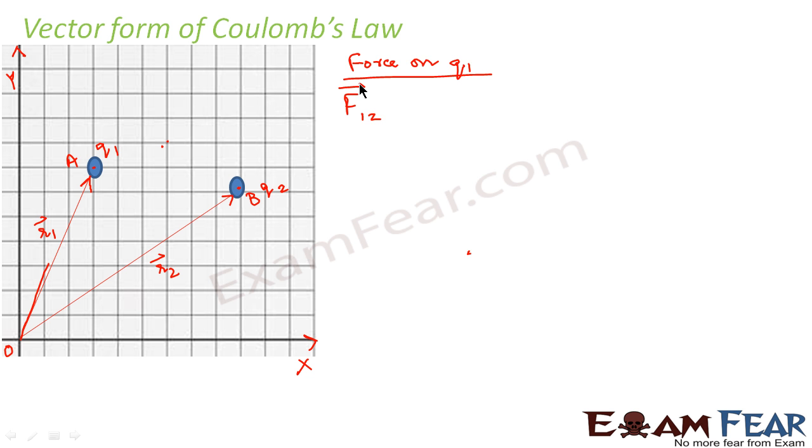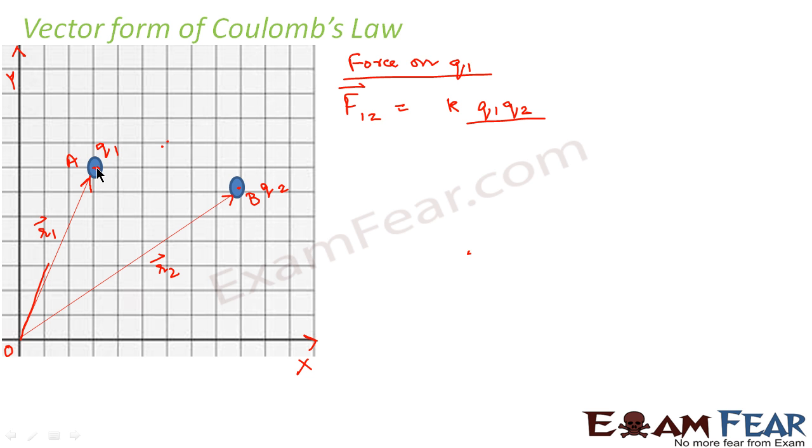It is a vector. F12 means force on 1 due to 2, because the force on this particular charge will be because of the other charge, that is Q2. So F12 will be equal to, as I defined force in the previous slide according to Coulomb's law, K into the product of the charges Q1 Q2 divided by the distance between them.